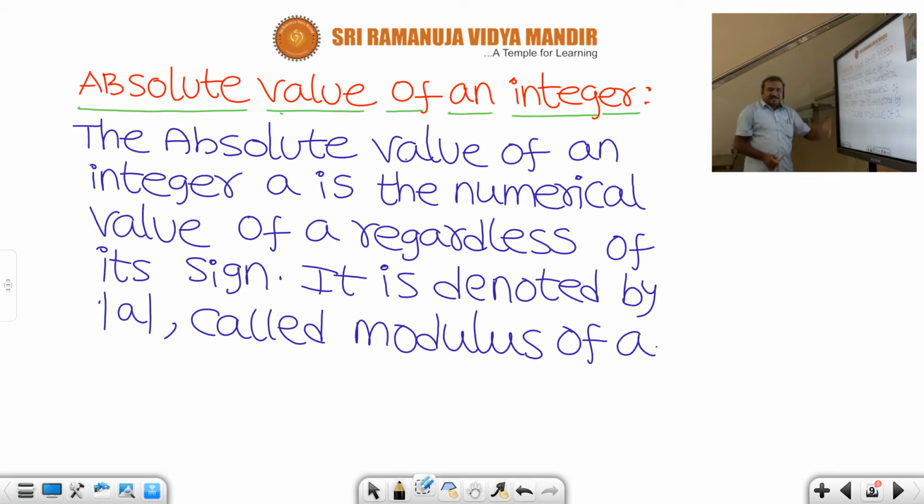And the next theory is the absolute value of an integer. What is the meaning of absolute value of an integer? For our convenience, I am taking an example like this.